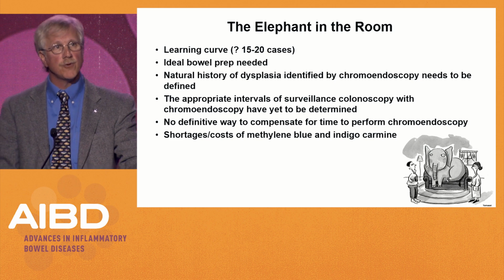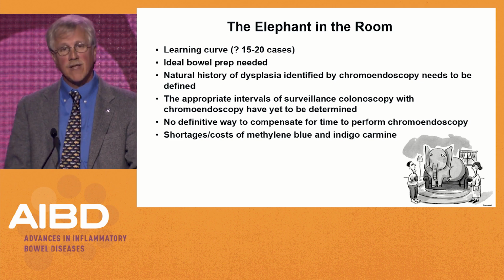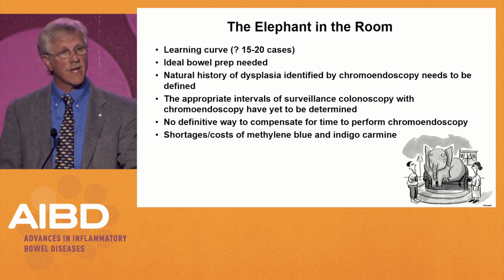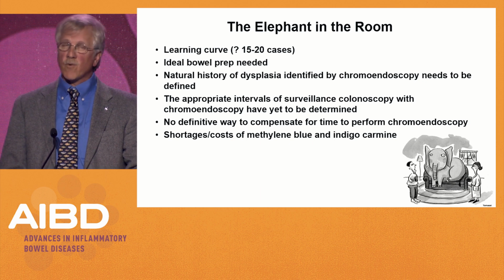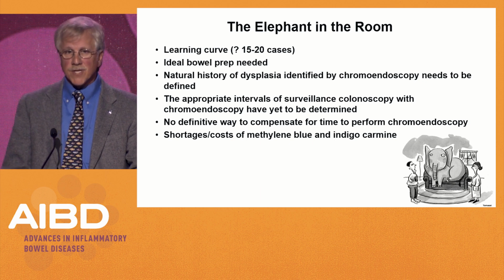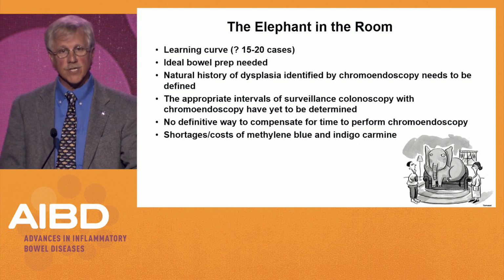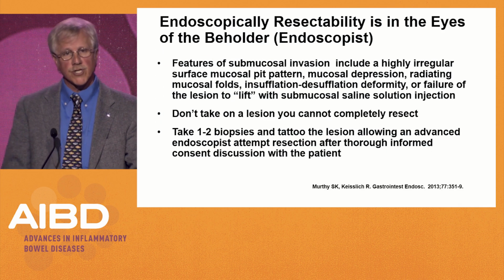It may be that if you do 2 chromoendoscopic exams, that patient can go 3 to 5 years before they need another surveillance, and that may be a way to bring the total cost for surveillance down. No definitive way, unfortunately, as best as I can tell, to compensate for your time, especially if you're now allocating 45 minutes for the procedure. And we've talked about some of the shortages.